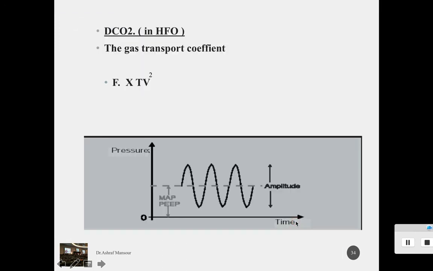The DCO2 in high frequency is very important also, which is the gas transport coefficient. It's calculated by multiplying the frequency by the square root of the tidal volume.